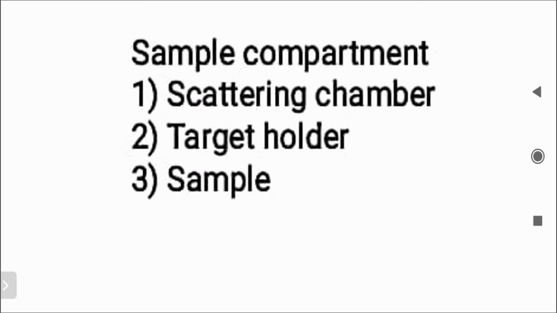Okay, so the scattering chamber is present where the ion beam strikes. It is generally made of steel provided with certain windows or ports, and it is connected to the beam line.